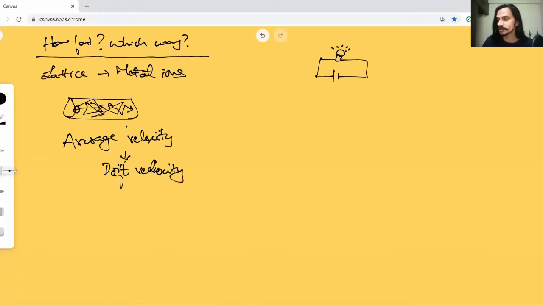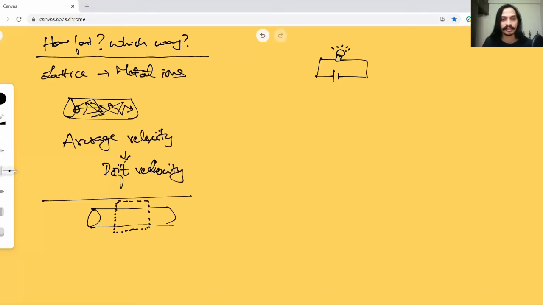So now, to measure this, how do I do it? Let me assume that there is a conductor like this. I'm going to take a small section of this conductor. If you remember, this is a wire, so it's three-dimensional.